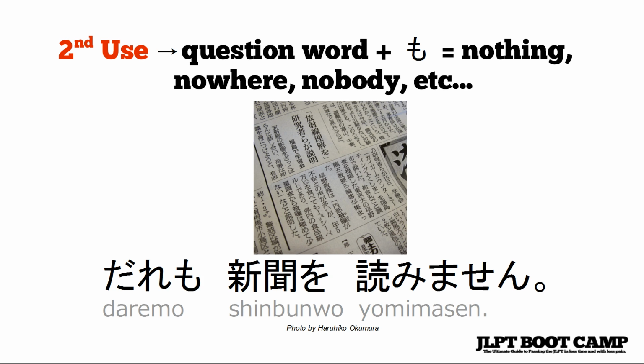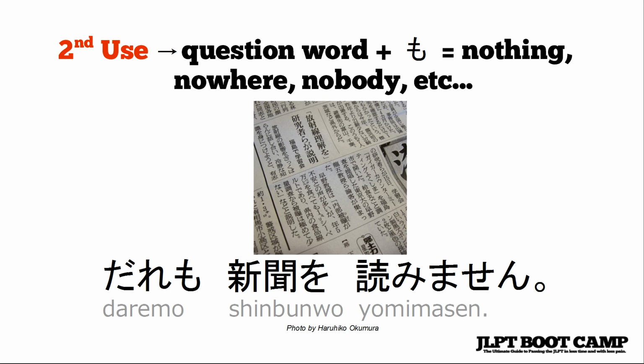Daremo is nobody. Dokomo is everywhere. This is with a negative sentence. And dokomo, daremo, and nanimo imasen. Nothing is there. We can use it that way.